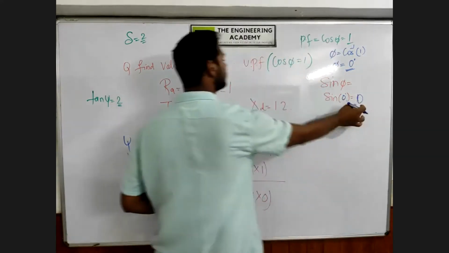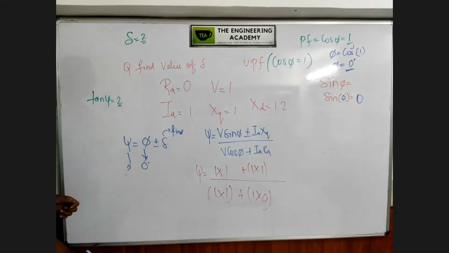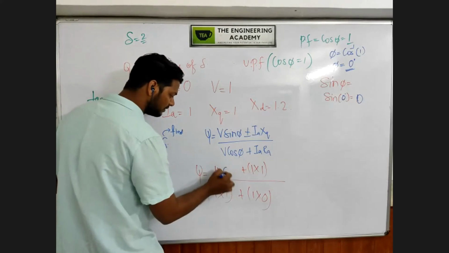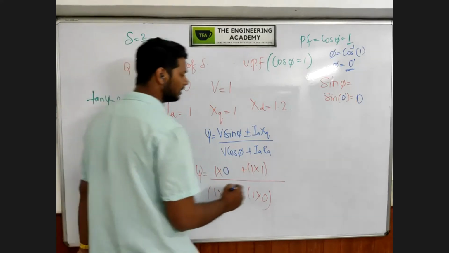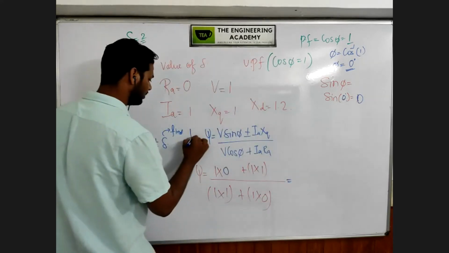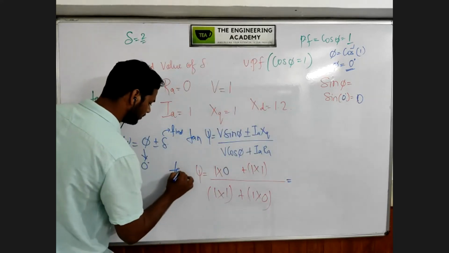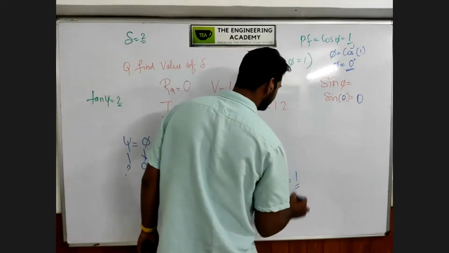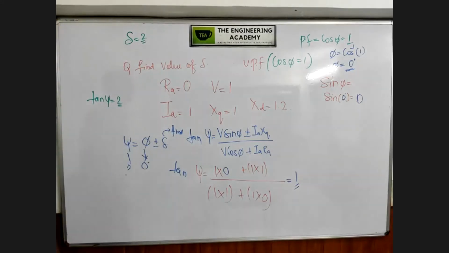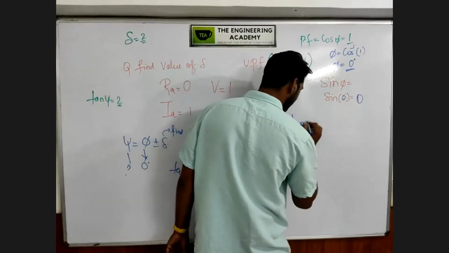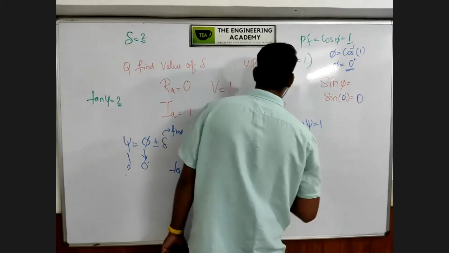Please pardon me, sin 0 is equal to 0. So instead of sin phi, we can write 0. So at the end, tan psi is equal to 1.